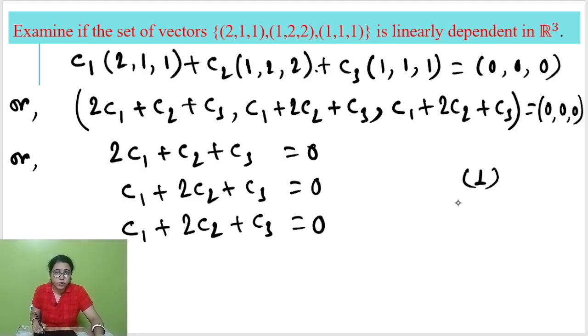Now we already know that C1 equal to 0, C2 equal to 0 and C3 equal to 0 is already a solution, but we need to find out whether any non-zero solution of C1, C2, C3 exists or not. For that I will use the solution procedure for homogeneous equations and convert the coefficient matrix to row reduced echelon form and find out the rank of the matrix.